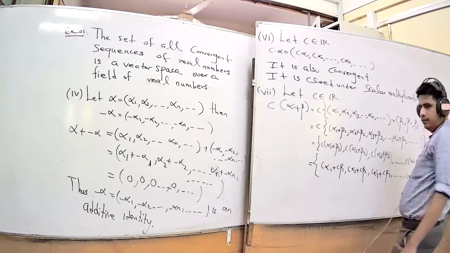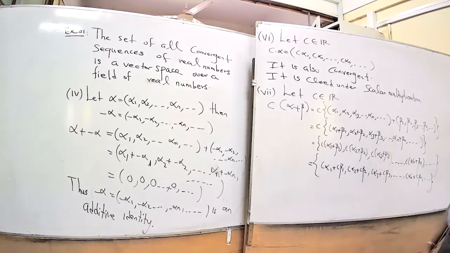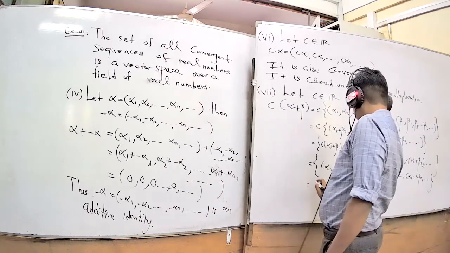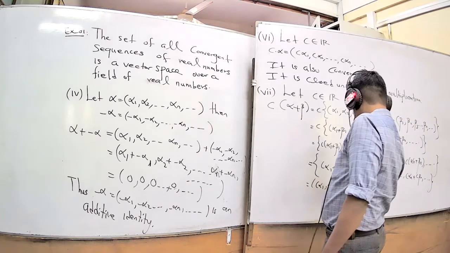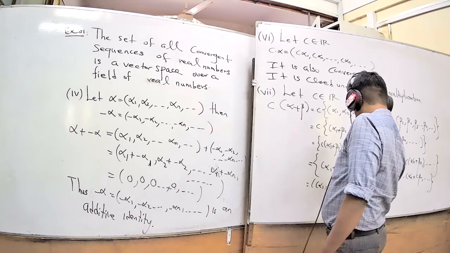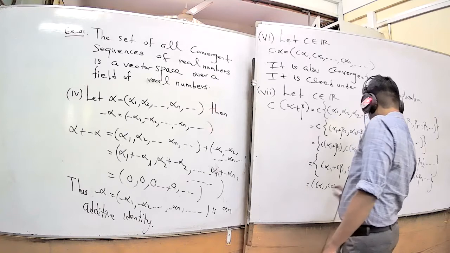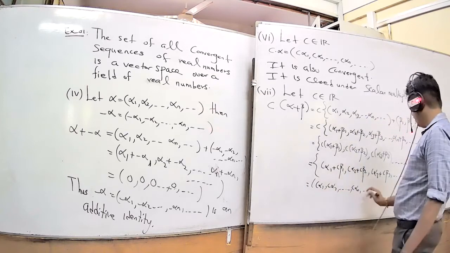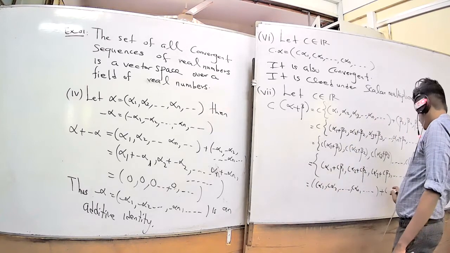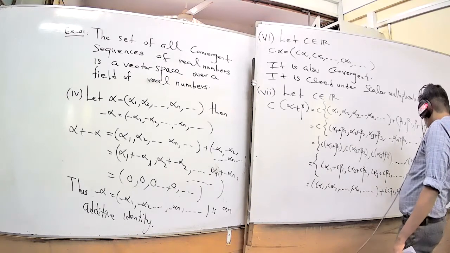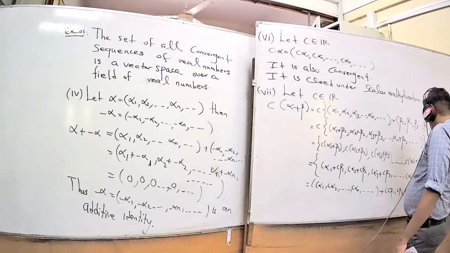We write this in the form (c alpha 1, c alpha 2, ..., c alpha n) plus (c beta 1, c beta 2, c beta 3, ..., c beta n).